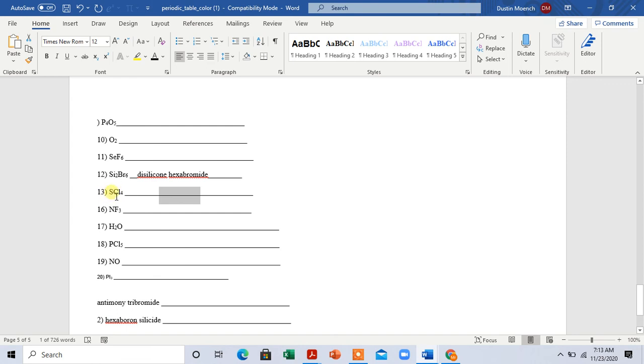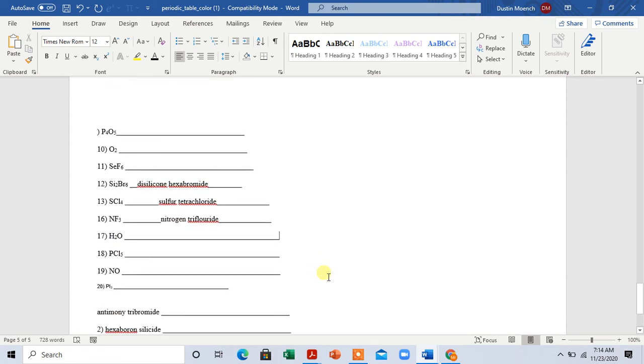We don't need to use mono. We can leave mono off. So this one would be sulfur tetrachloride. We don't say that this is monosulfur tetrachloride. It's just sulfur tetrachloride. Or in this case, nitrogen trifluoride. It's not mononitrogen trifluoride, right?